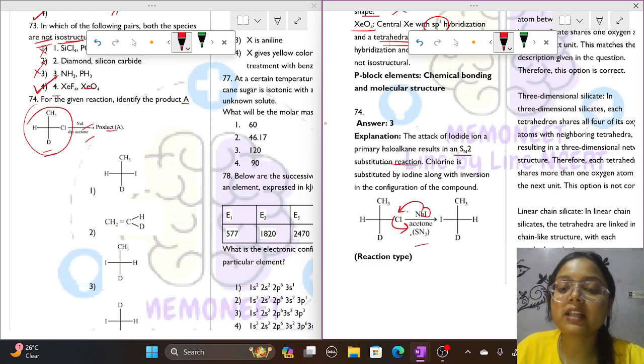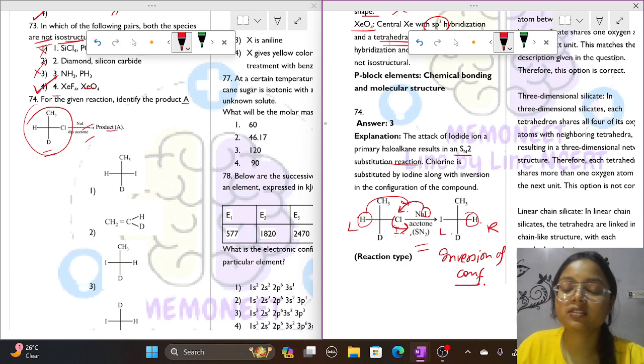Also there is inversion of configuration observed, which means that iodine, which is supposed to be here, will interchange its position with hydrogen. Hydrogen will come from left to right, and iodine will come from right to left. Clear?